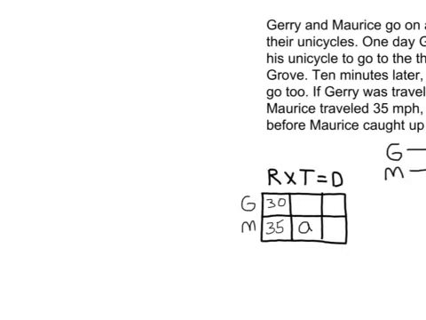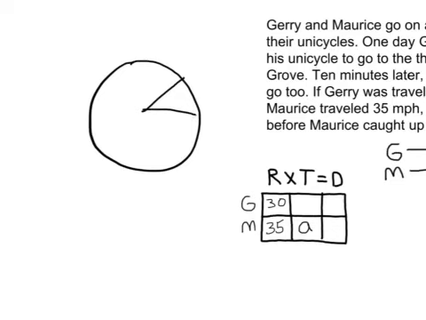Imagine that this entire circle represented a total hour, also known as 60 minutes, and this sector represented 10 minutes. What fraction of the entire circle is that? It would be 10 over 60, also known as 1/6.